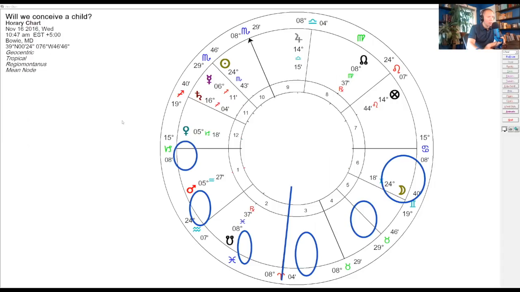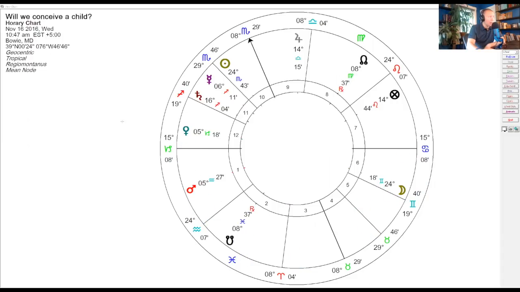So you can see Gemini and Capricorn here, 5 degrees and 24 degrees. They're about to add up to 30 collectively, which you can take down to the minute, actually. And that means that there is an aspect between the moon, our querent, the woman asking the question, and Venus, the ruler of the 5th house of pregnancy, which means she's about to conceive.